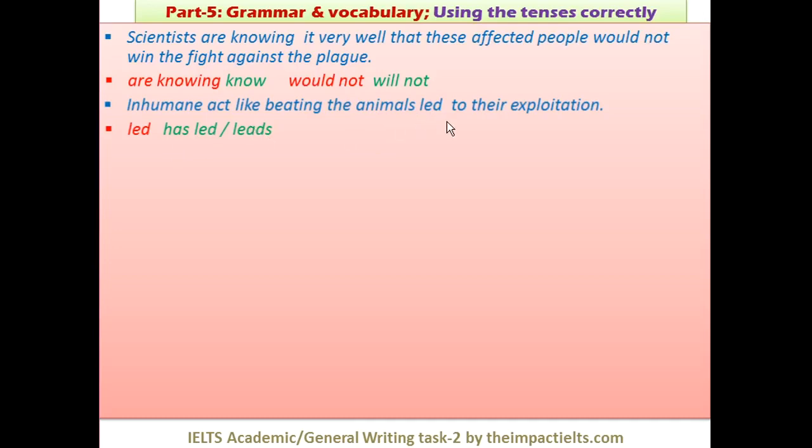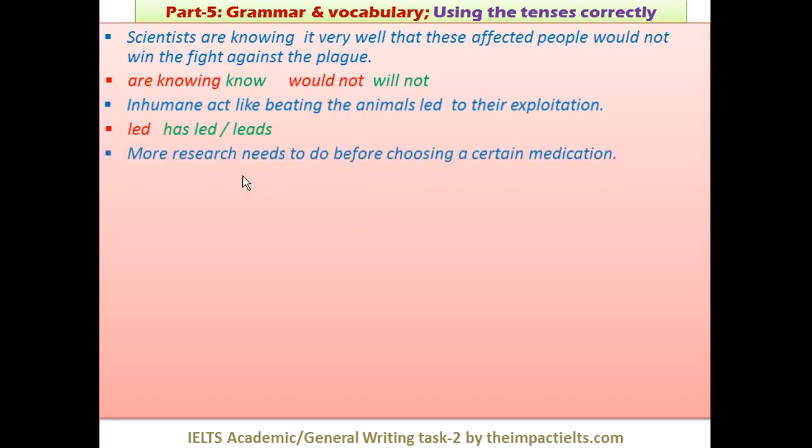If you use "leads", it means this is what happens recurringly, or it has become a part of life. Or "has led" means something started in the past and continued. So inhuman act like beating the animals has led to their exploitation, because I'm talking about the present result. So be careful when writing this kind of sentence where you're talking about the present result of a past action. Most probably you should use "has led".